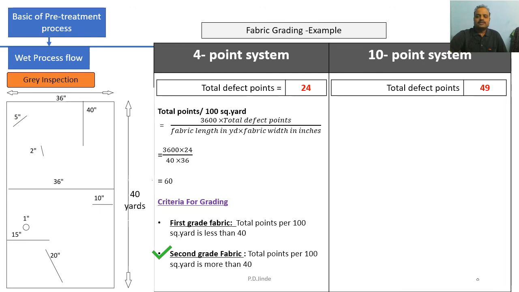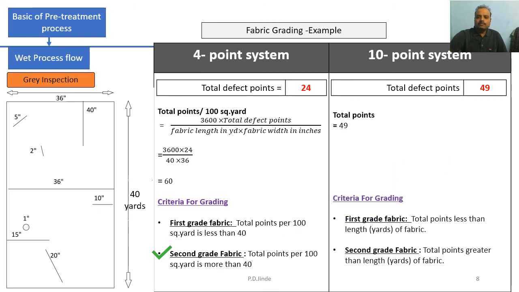So let's start understanding the 10-point system. In the 10-point system, total defect points become 49, as I already know. So what is the criteria for first grade quality? The total defect points should be less than the yardage of the fabric, right? So what is the length of the fabric? 40 yards, right? 40 yards.